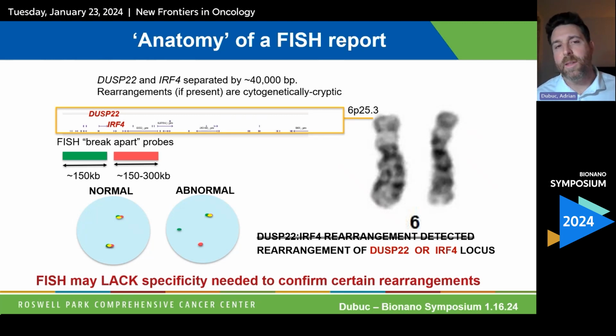So while it's not uncommon that on a report for a gene like this or a locus like this, you'll see an annotation that suggests that DUSP22-ERF4 rearrangement was detected, perhaps more appropriately, this should be described as rearrangement of DUSP22 or the ERF4 locus. And I show this just to highlight that the current tools we use for lymphoma diagnostics, FISH in this case, can lack the specificity needed to confirm the rearrangements that end up being really critical.